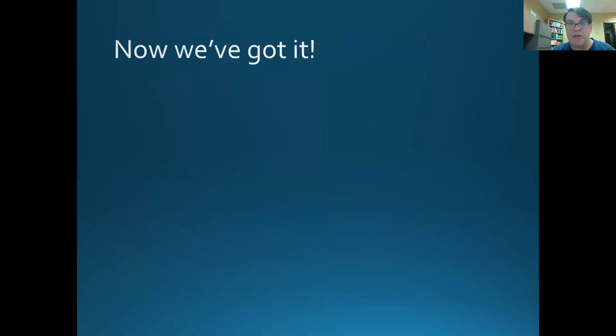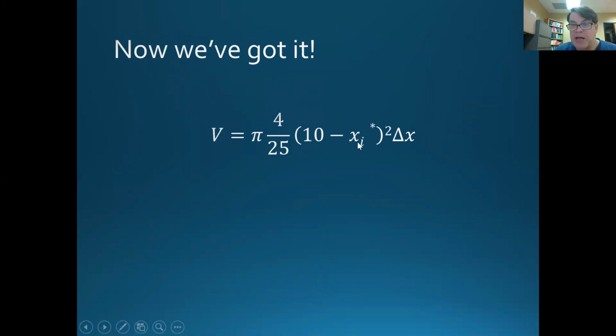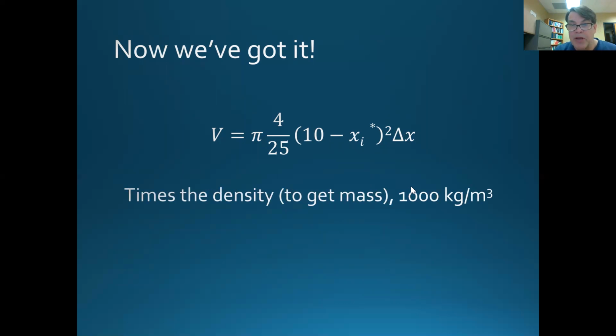We've got all the things we need to go. So basically, volume equals pi r squared h. H is delta x. We know what pi is. And we just found out that r was 2/5 times 10 minus x. So if you square 2/5, you get 4/25, and if you square 10 minus x, you get 10 minus x squared. Okay, we got the volume. Times the density will give us the mass.